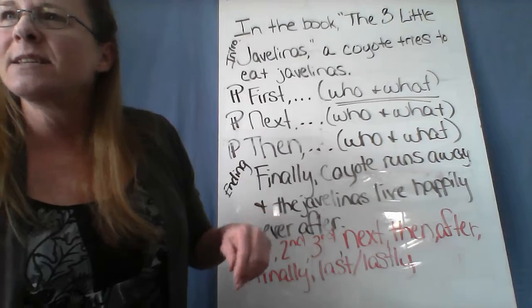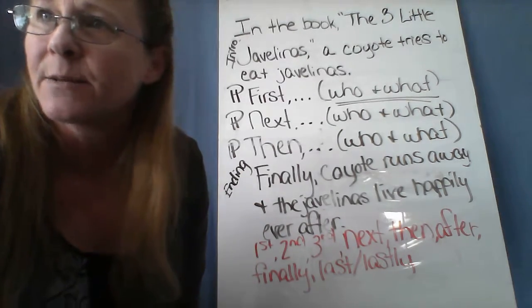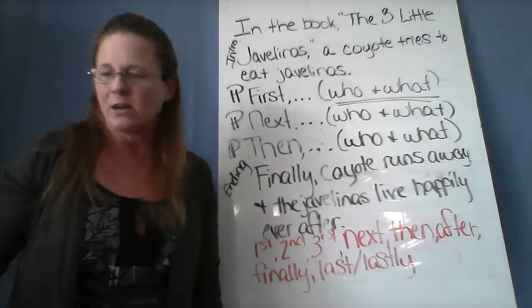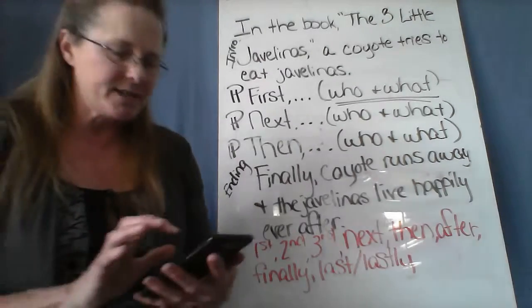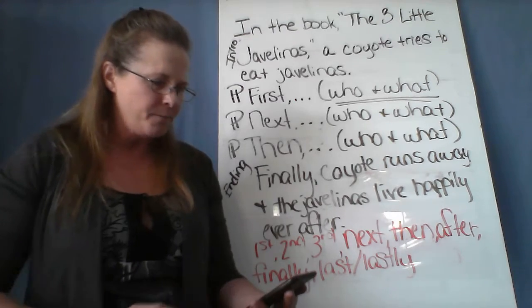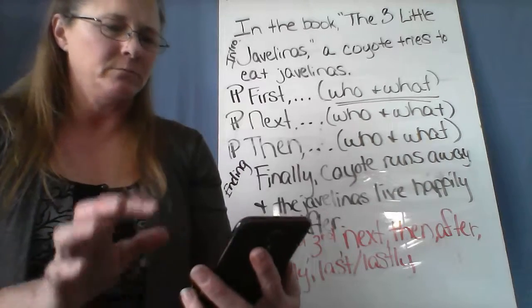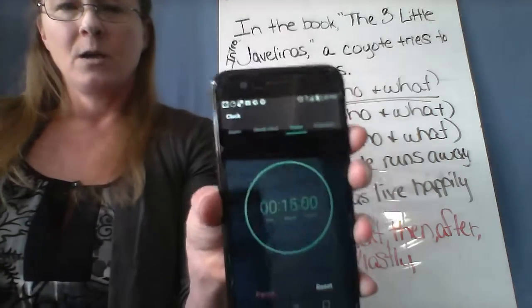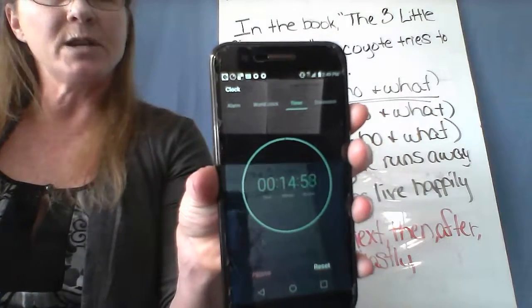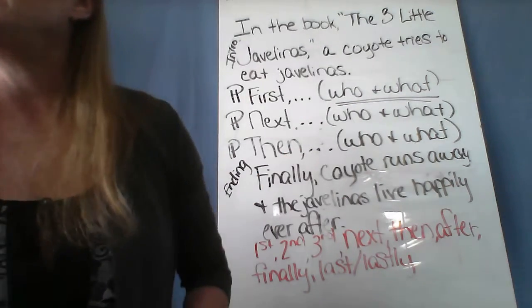With that being said, you will have 15 minutes to work on your summaries. I have the music going, and I will set the timer and project it on the whiteboard so that you can see how much time you have left.